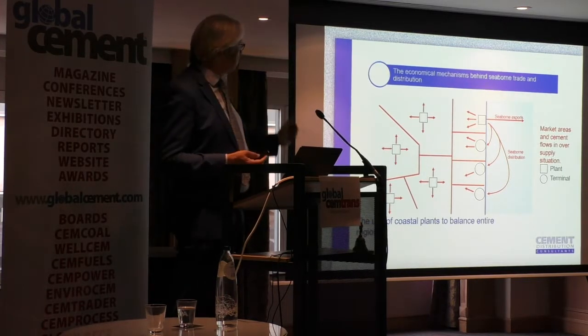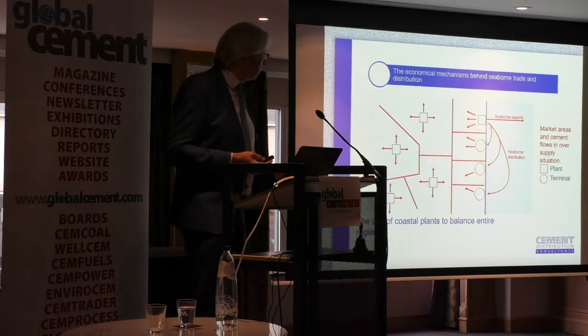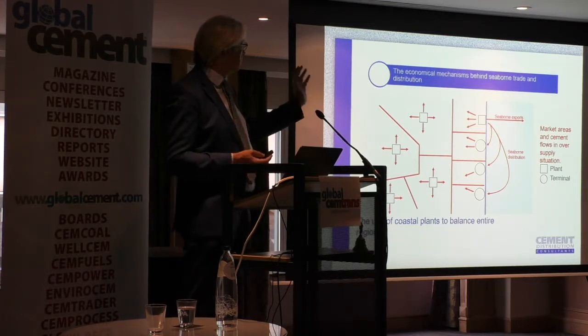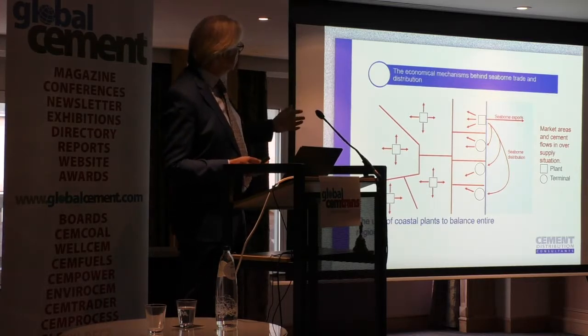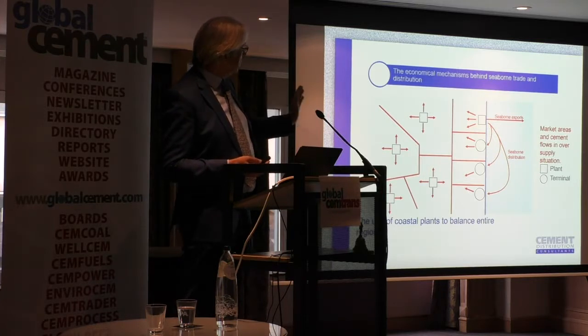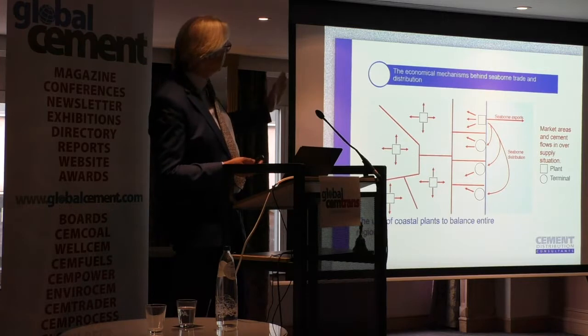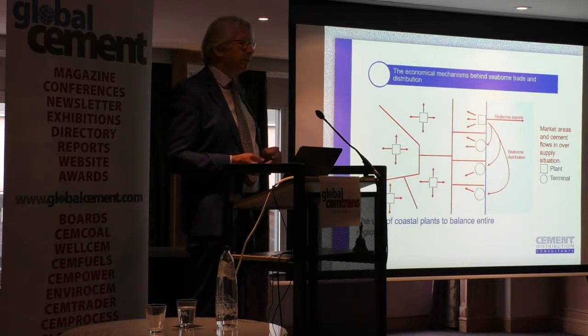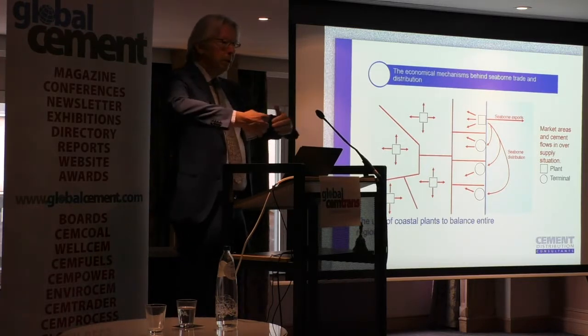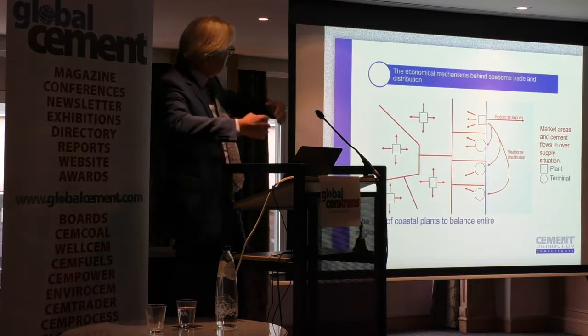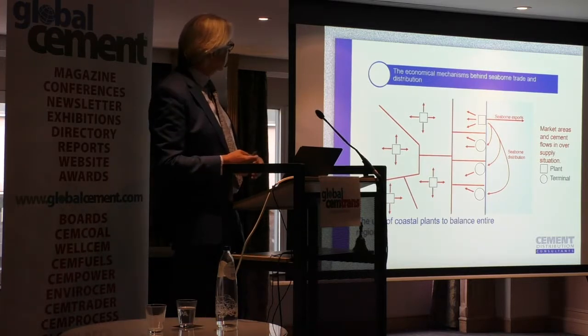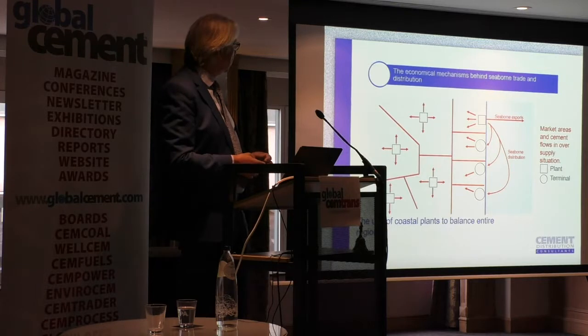So it's got 5 cement plants and let's say 3 coastal distribution facilities. There's an oversupply situation, and what basically happened is that the oversupply of those 5 plants together gets exported by that plant at the sea. And actually the landlocked plants will have their sales area more towards the coastal areas.